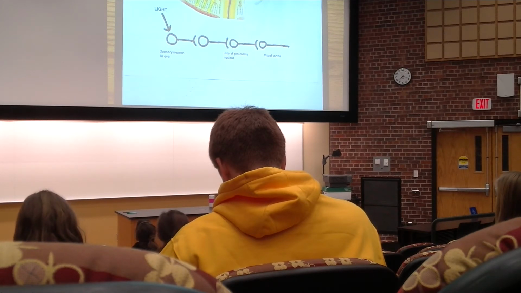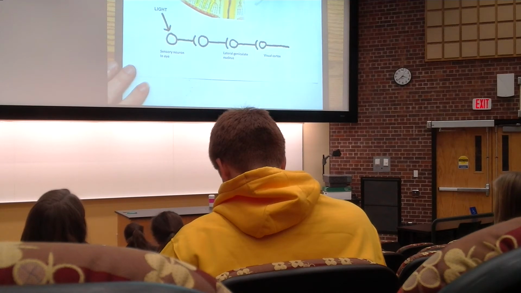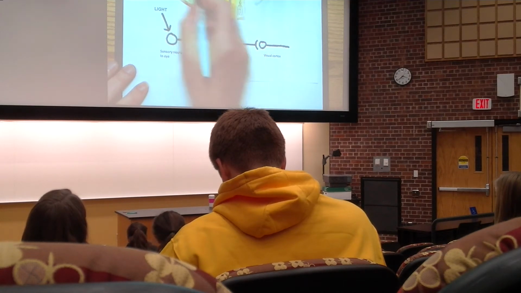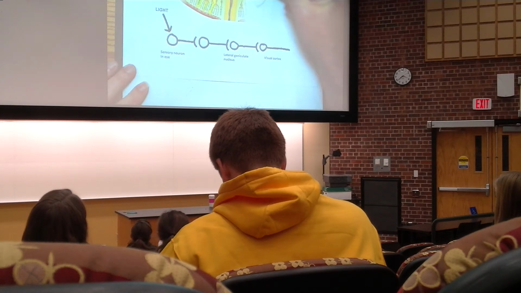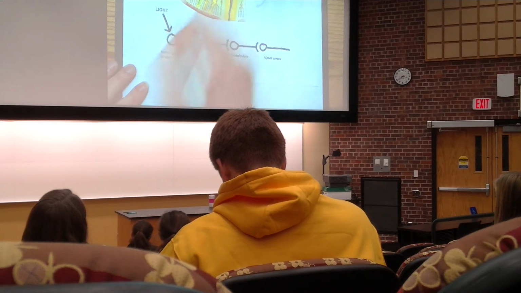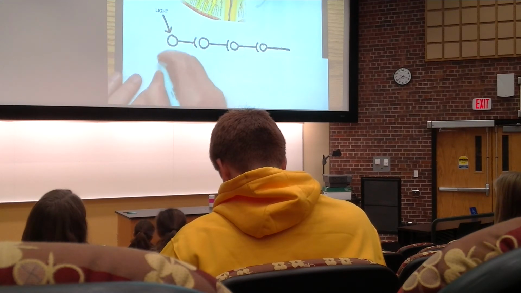Seeing something, just seeing light hitting your eye. These yellow arrows are the light. This is your retina, which is the back part of your eye. And the neurons that are sensitive to light are called photoreceptors.